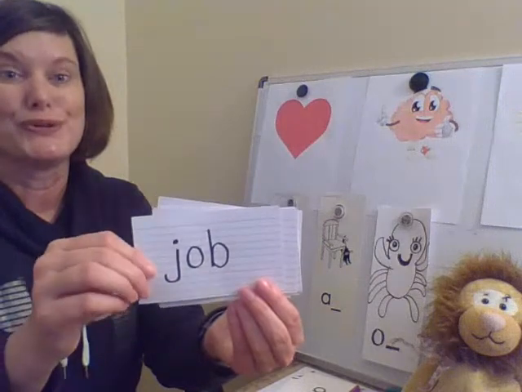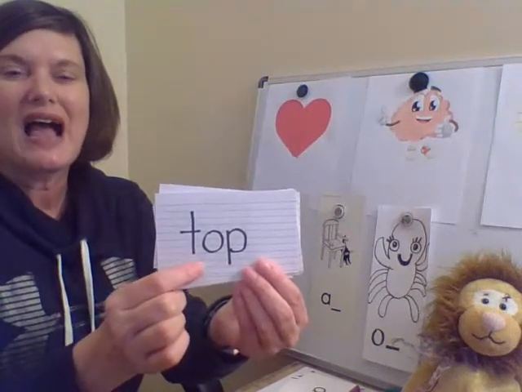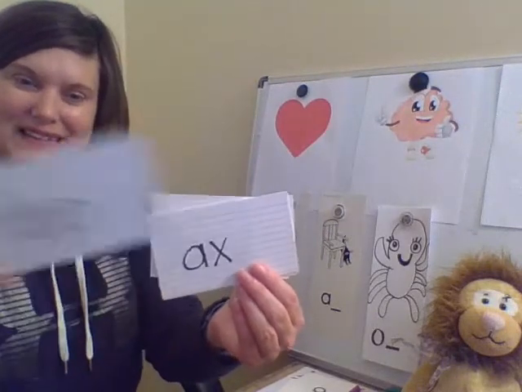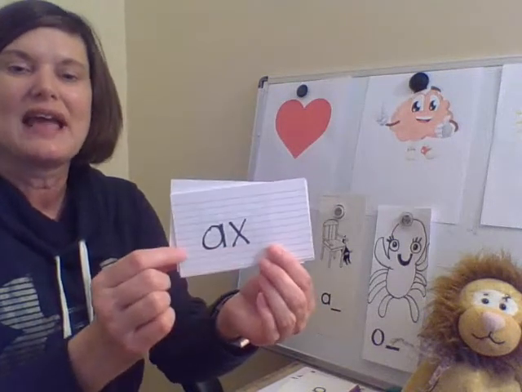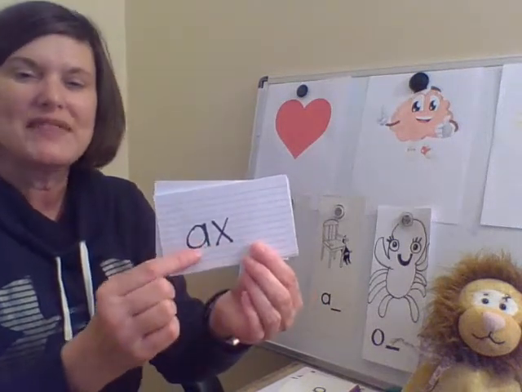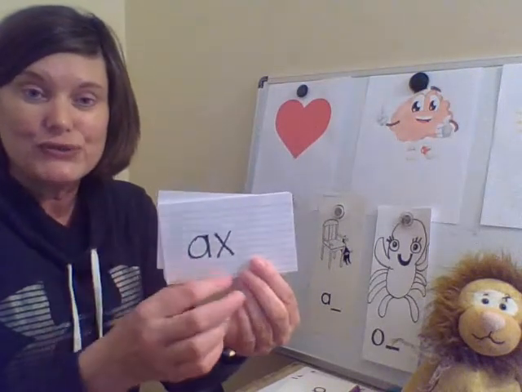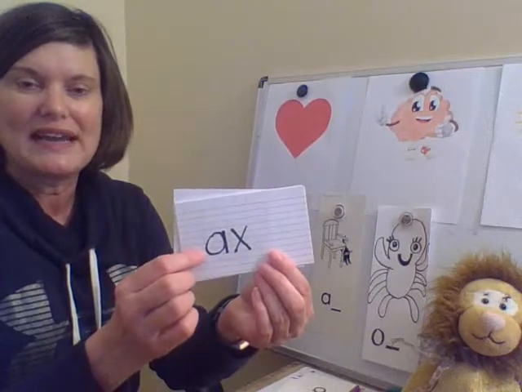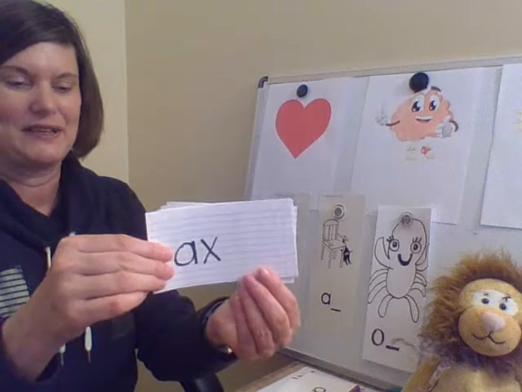Fantastic. You are doing a great job. Next word, top. Fantastic. Here we go. Axe. Remember that X makes two sounds. It sounds like two letters. So let's try it again. Axe. Fantastic.